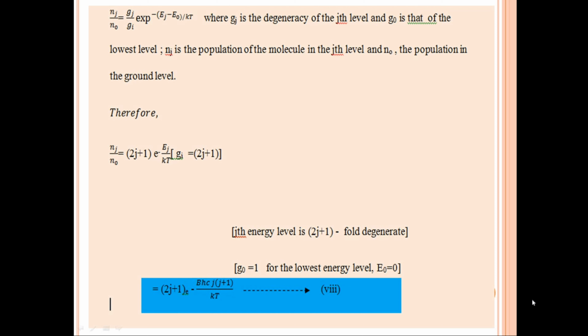So for the jth level, Gj is equal to 2J plus 1. What does it mean? This level is 2J plus 1 fold degenerate.